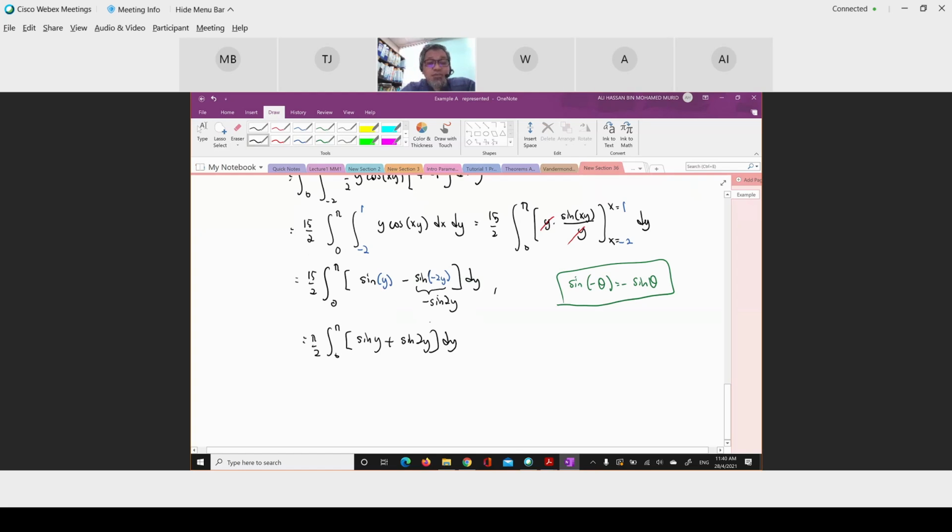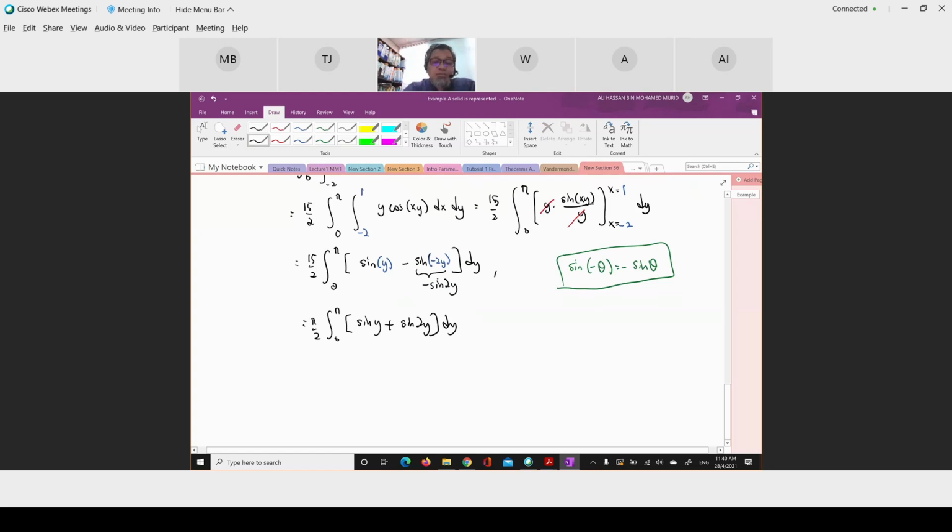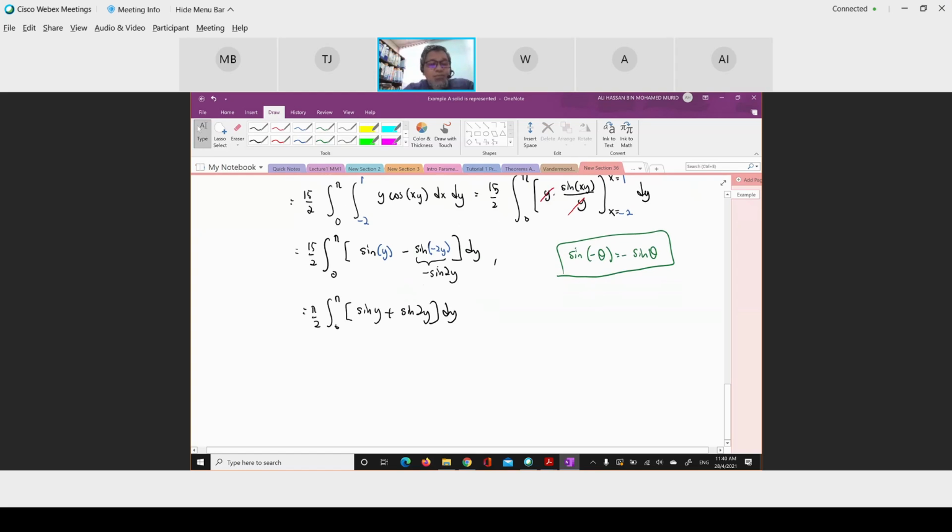And I'm sure you can evaluate this integral by yourself. So let me show you. The result is equal to 15. I want you to try that out yourself, to evaluate the last integral, which is a single integral, and show that it is equal to 15.